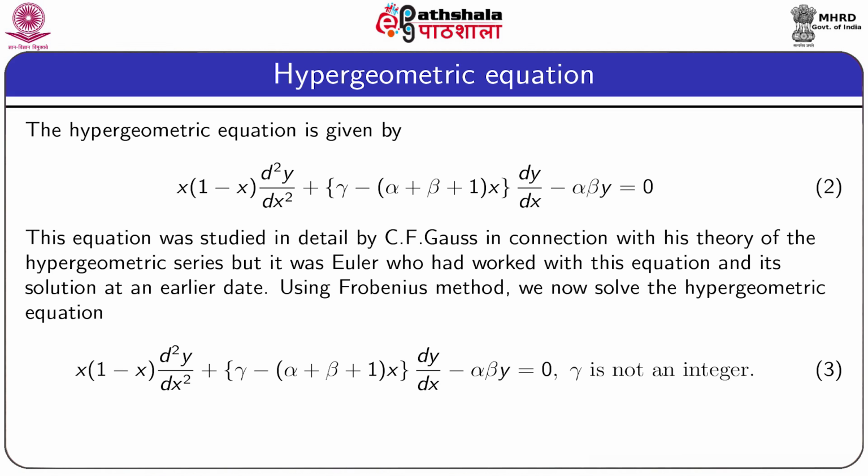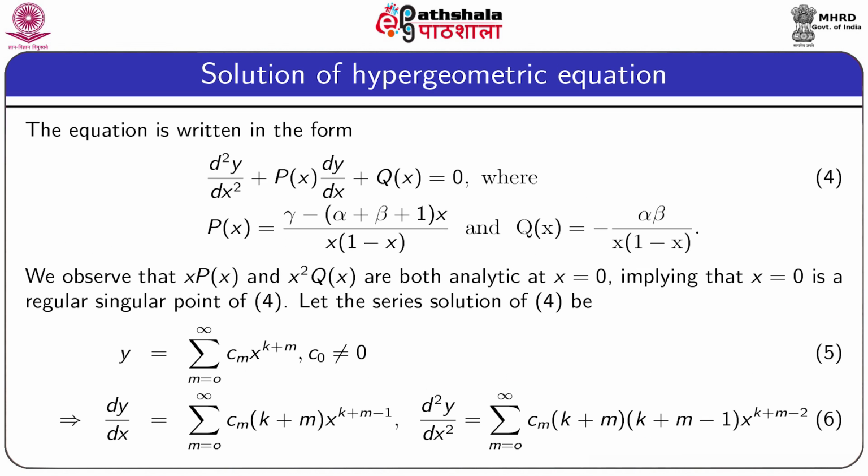Using Frobenius method, we now solve this hypergeometric equation given by equation 3, where gamma is not an integer. We rewrite the equation in the form d2y dx square plus p(x) dy dx plus q(x) y equal to 0, where p(x) is equal to gamma minus alpha plus beta plus 1 into x divided by x into 1 minus x, and q(x) is equal to minus alpha beta divided by x into 1 minus x.